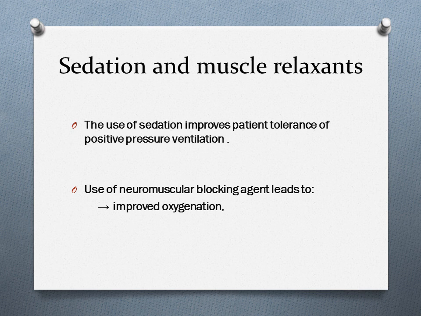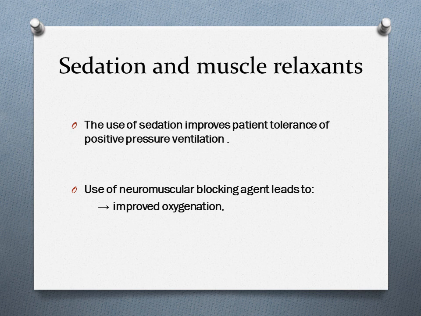So what are the other options if the patient hasn't achieved the targets we just mentioned? One option is to increase the level of sedation, and this should improve oxygenation in two ways. The first is that it will improve the patient's tolerance to positive pressure ventilation, and the second is that it will allow resting of the respiratory muscles and subsequently reduce the oxygen consumption by these muscles, improving oxygenation.